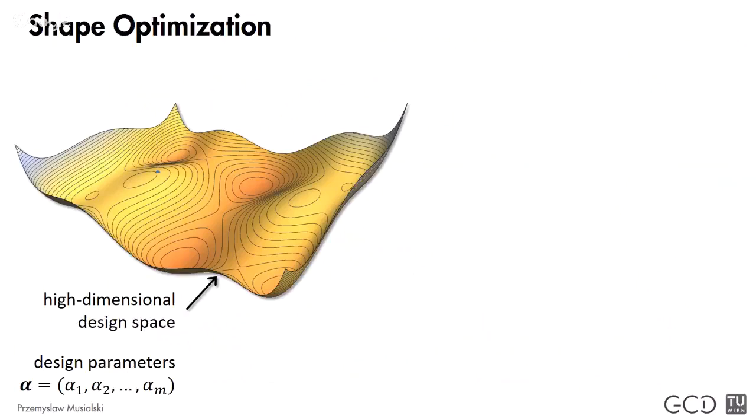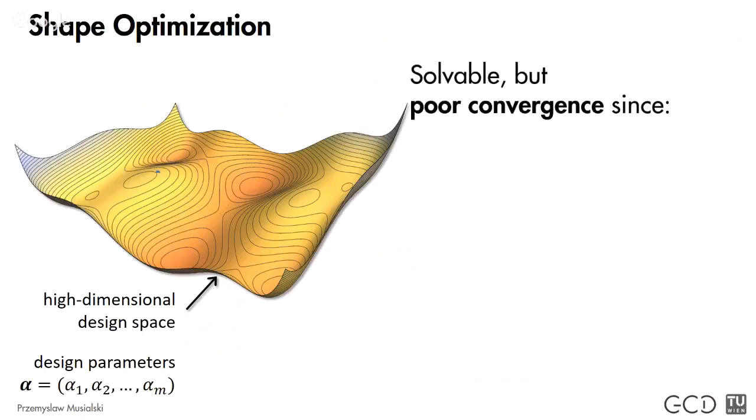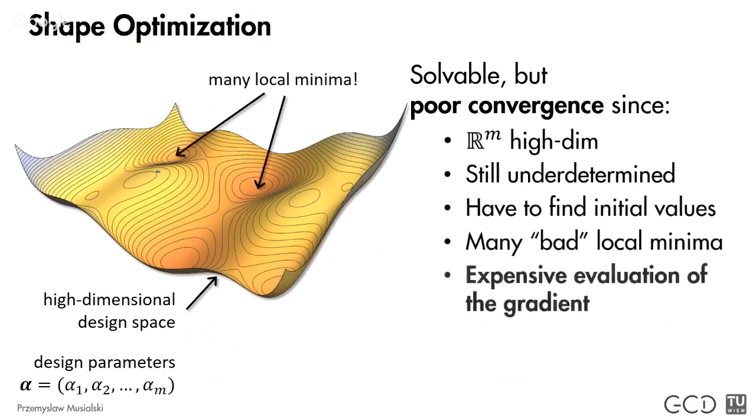So the problem is solvable, you can solve it, but there are a number of disadvantages. So this is high dimensional, still underdetermined. We usually don't know the initial values, and the solution very often, or almost always, depends on the good or bad initial value.